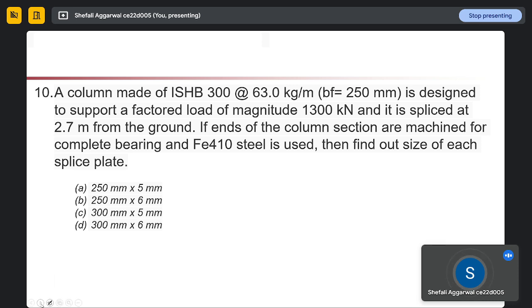Next question is a column made of ISHB 300 at 63 kg per meter, BF is given as 250 mm, is designed to support a factored load of magnitude 1300 kilonewton and it is spliced at 2.7 meter from the ground. If the ends of the column section are machined for the complete bearing and if Fe 410 steel is used, then find out the size of each splice plate.